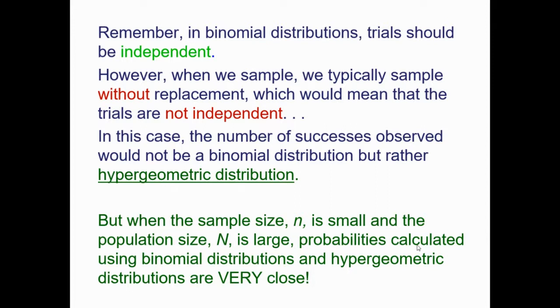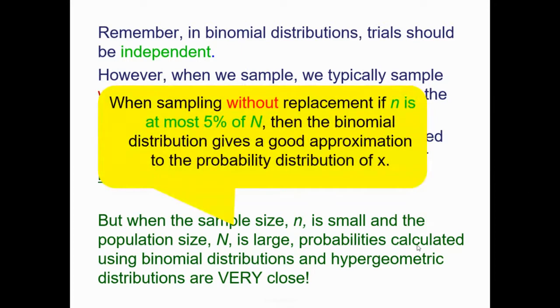That's why we're able to use the binomial. So if we sample without replacement, and n is at most 5% of our whole population, then the binomial gives a good approximation.